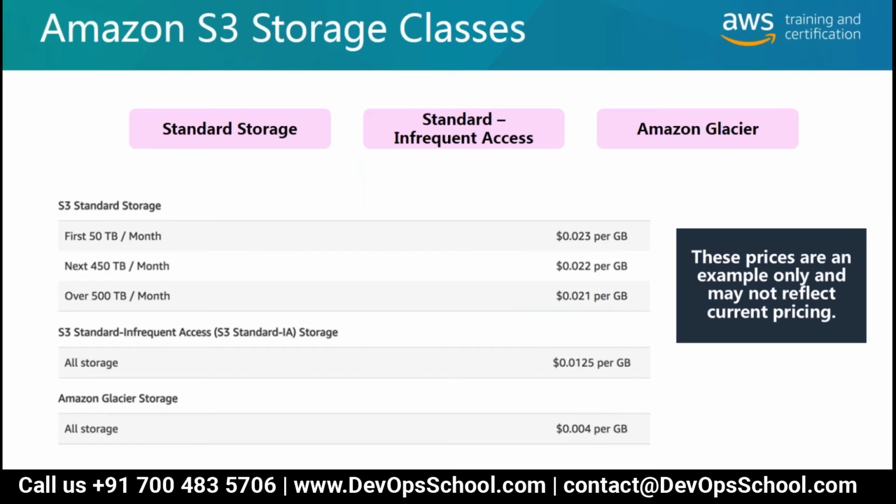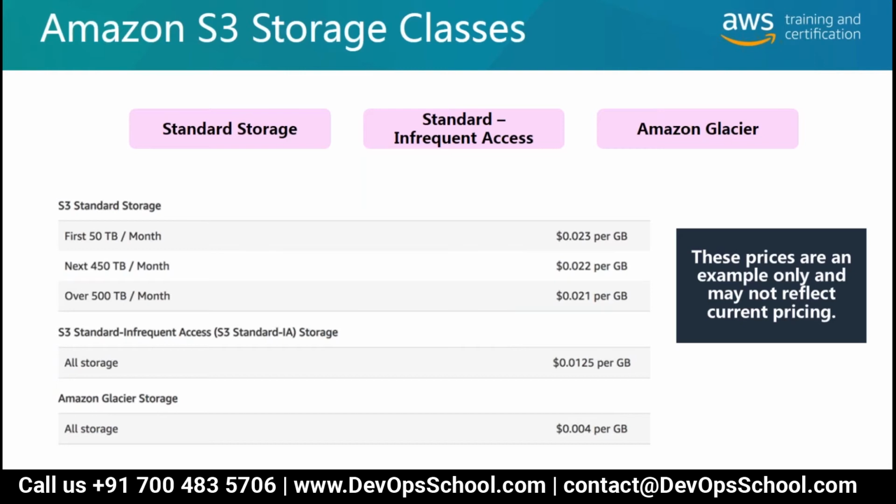So here the prices are for an example purpose. They are not the exact pricing here. For exact pricing, you will always have to refer to the documentation on Amazon, and that will give you the current prices at any given point in time, and you will make appropriate decisions there. So if you are using S3 standard storage, the first 50 terabytes per month, you are charged at $0.023 per gigabyte.